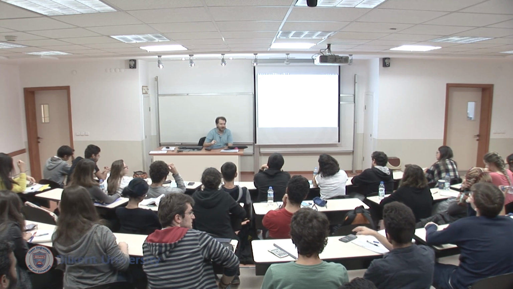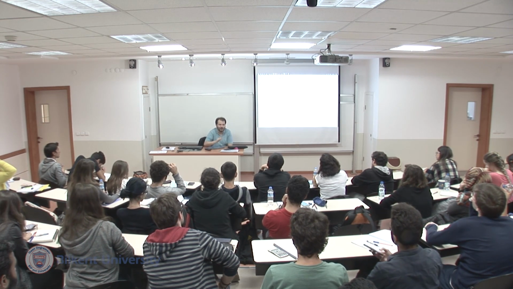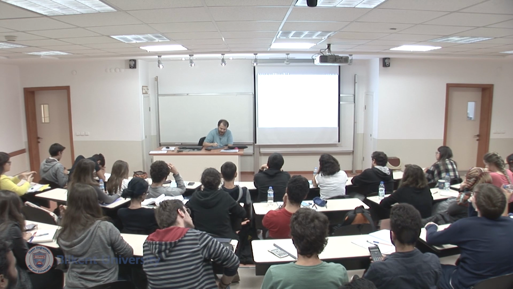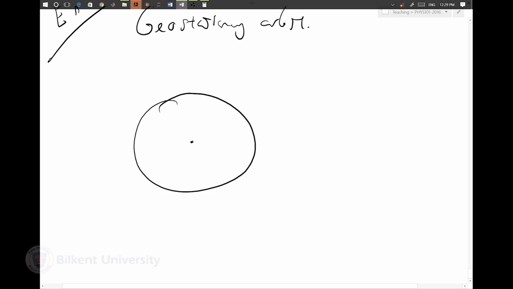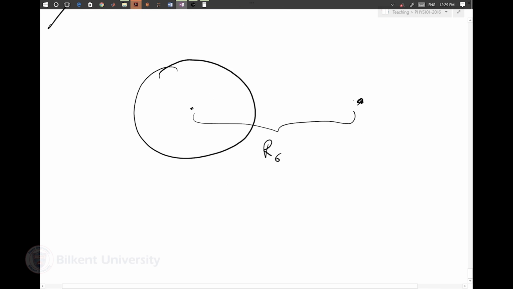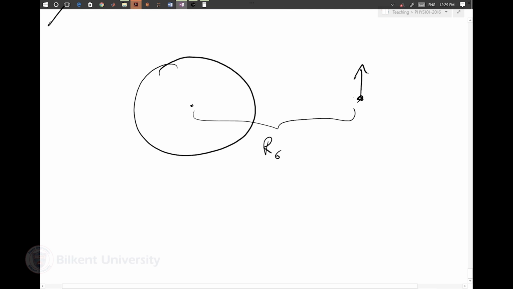Let's solve the example. I don't know why you think it should fall down, but here's the thing. Here is my Earth, and I'm looking at it from the North Pole. Here is my geostationary orbit, r_G. So what do I want? Here is v, and I'll again write the same thing.